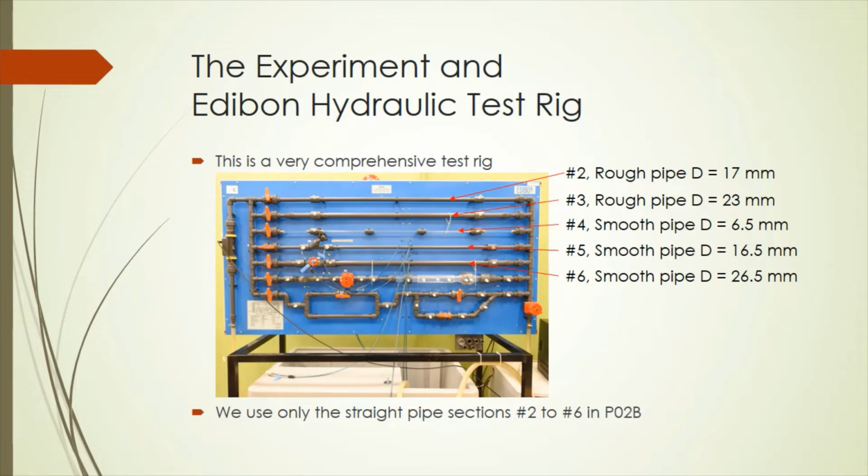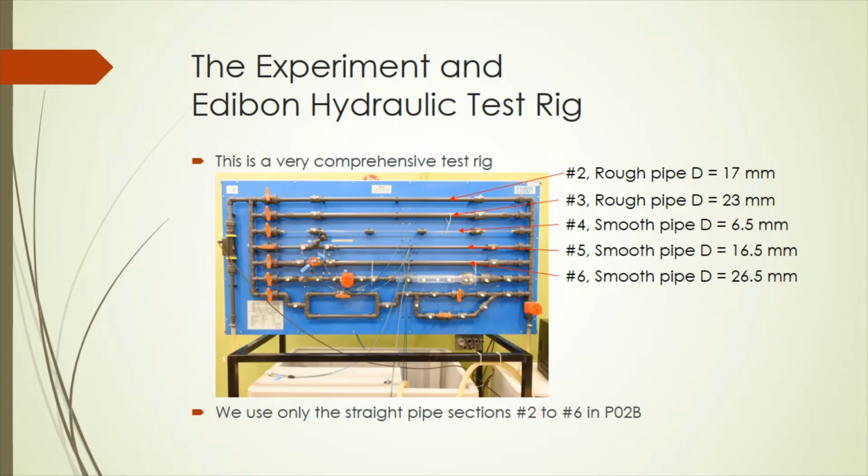Now you can see pipe section number 2 is a rough pipe. The diameter is 17 millimeter, and we have another rough pipe which has a larger diameter, and we have a smooth pipe with very small diameter, and 2 other smooth pipes in the experiments.